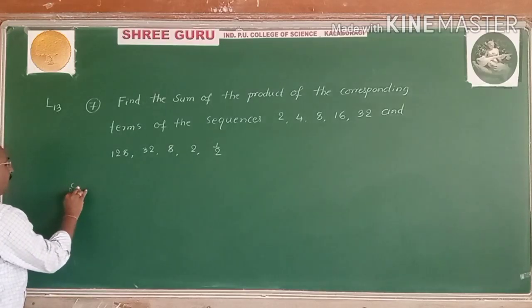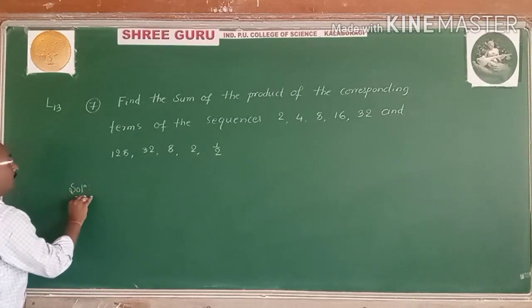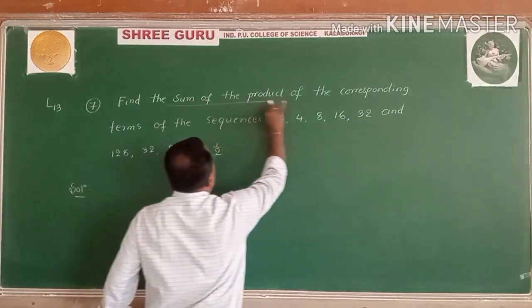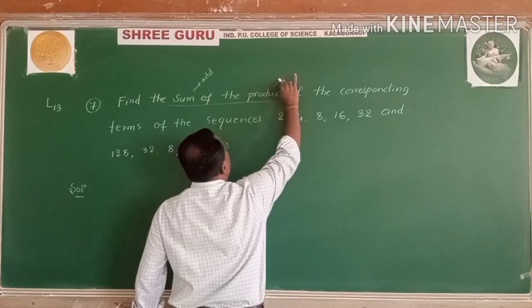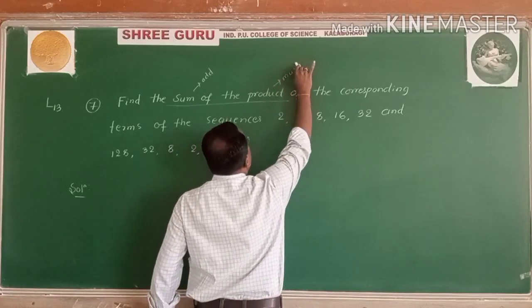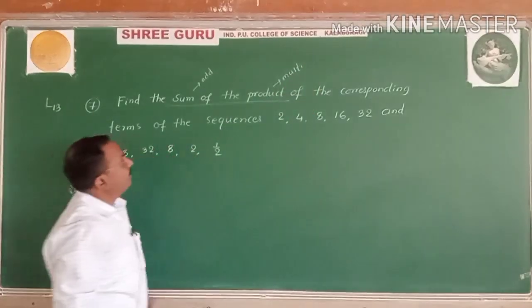Solution. Sum means add, product means multiplication.